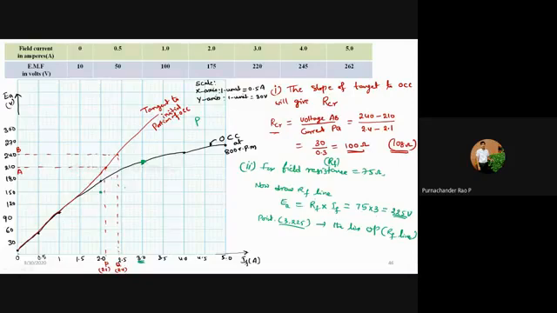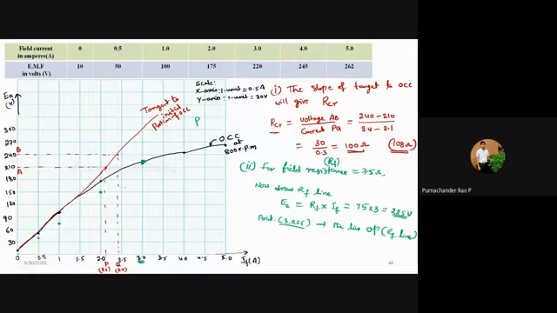So for 1, you need to take up this point, exactly at the middle. For 0.5, 75 by 2, so 37.5. So these are the points.